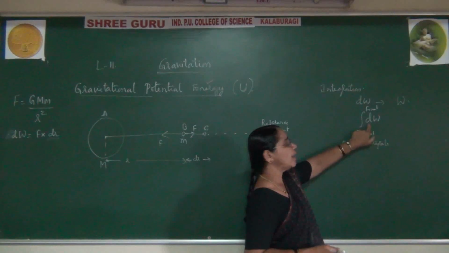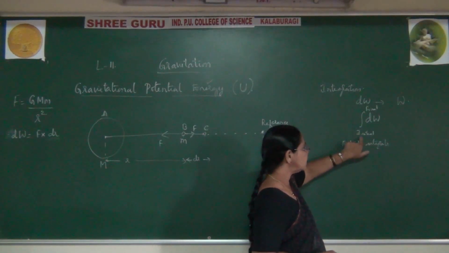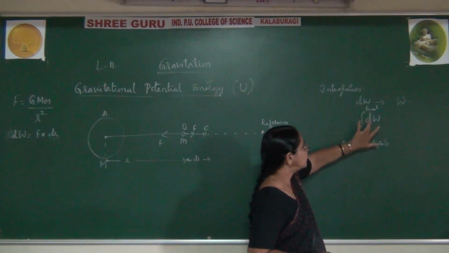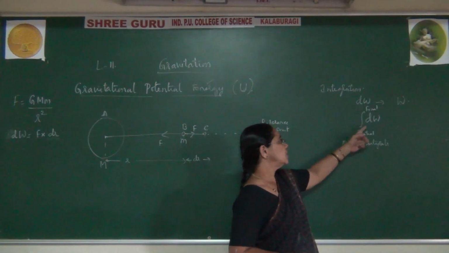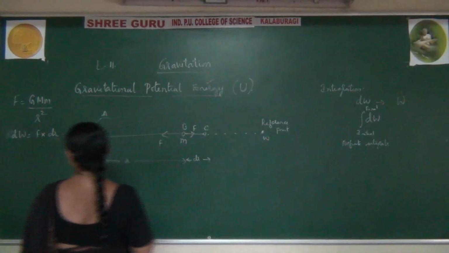So this is the symbol we have to use, the integral symbol, and this is always the initial point, and this is the final point. When you integrate this, we get the total work. So this is the rule we have to use. Let me apply this here.